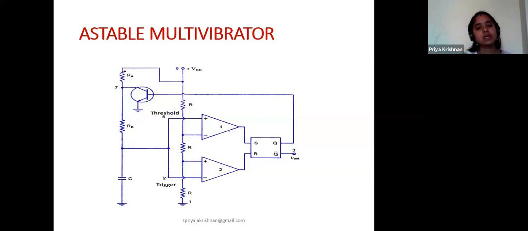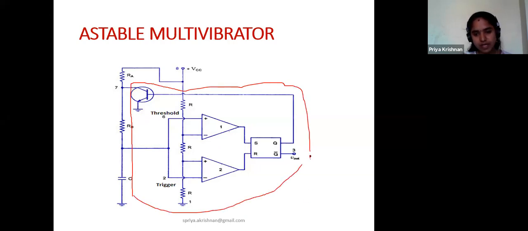Then I connected 2 more resistors and 1 capacitor. So all of this comes inside my 555 IC. No need to worry, these are all already present in the 555 timer IC. Now we will discuss the operation of that IC.